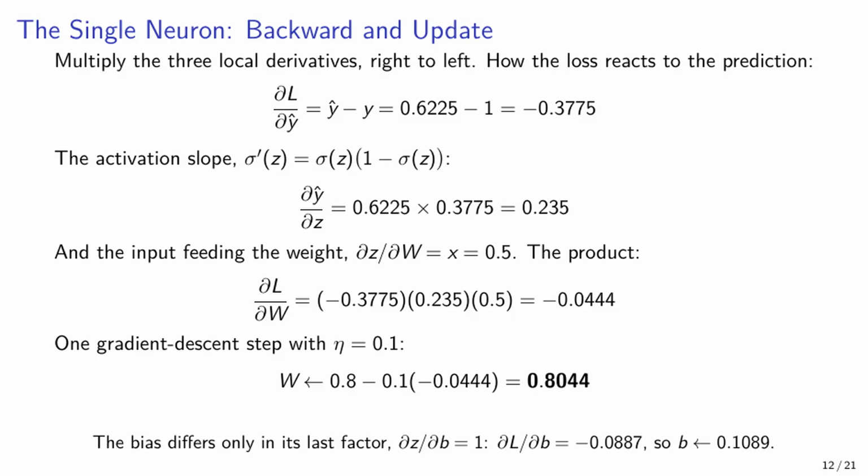The bias trains exactly the same way, only its last factor changes, because the partial of z with respect to the bias is 1 instead of the input. That makes its gradient negative 0.0887, so the bias moves to 0.1089.